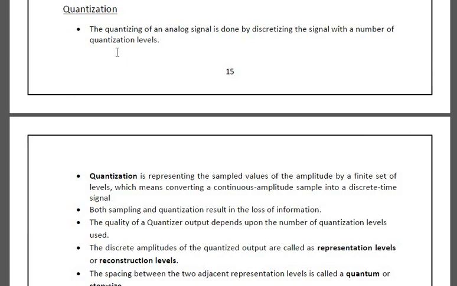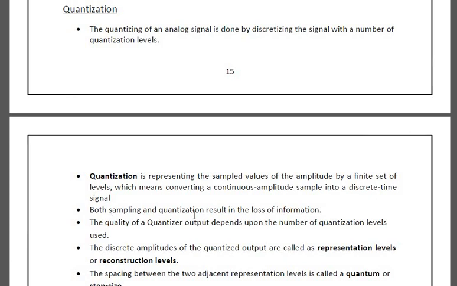Now about quantization or quantizing. The quantizing of an analog signal is done by discretizing the signal with a number of quantization levels, meaning representation of the sampled amplitude value by a finite set of levels. We give some approximate or prefixed values, converting a continuous amplitude sample into a discrete time signal.